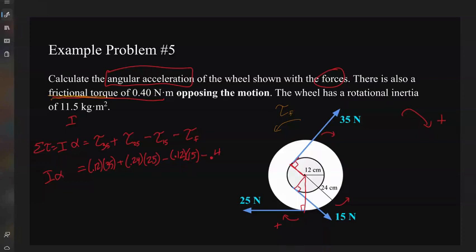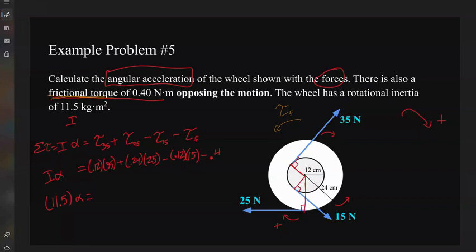All right, so then I alpha, and I'm going to plug in my I because we know our rotational inertia is 11.5 kilogram meter squared. And then let's solve for this right side of this equation here. So we get 0.12 times 35 plus 0.24 times 25 minus 0.12 times 15 minus 0.4.